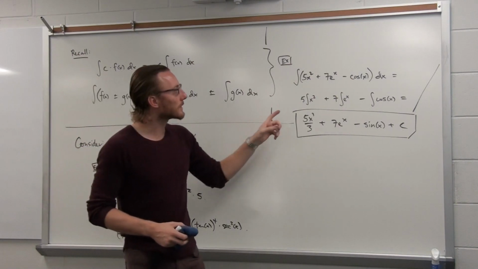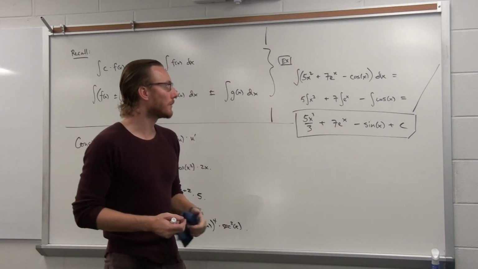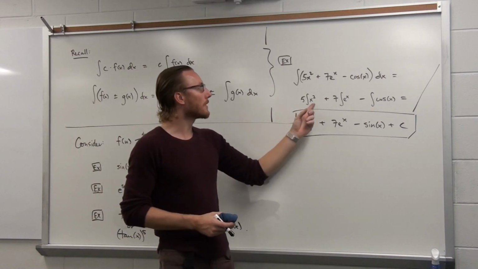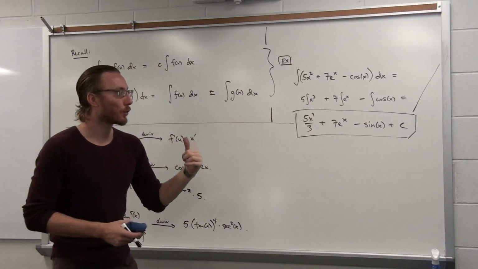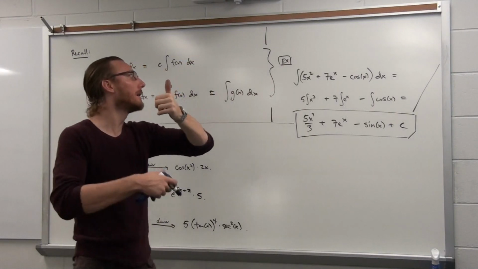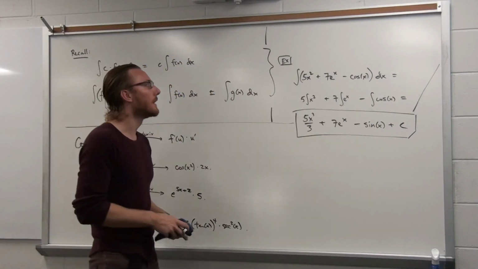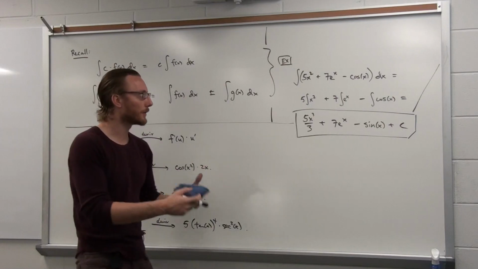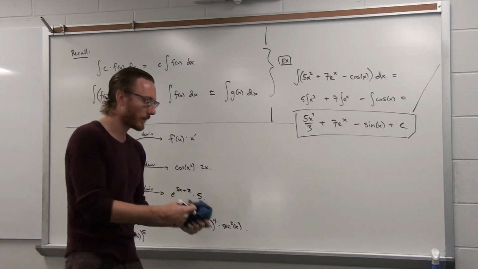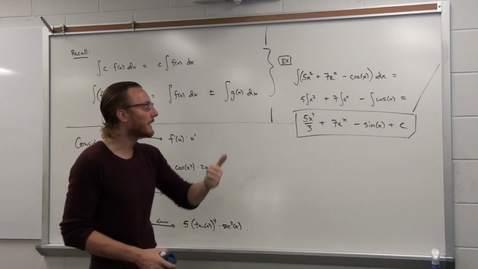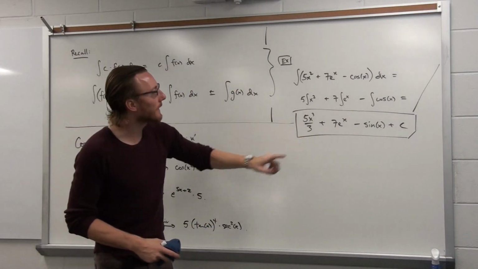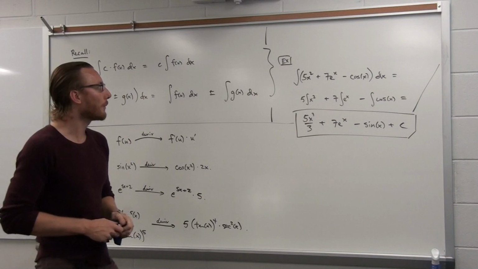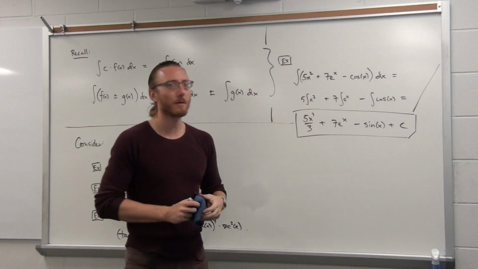Then we can apply the rules that we've seen: anytime you have x to a power, for the antiderivative you ratchet up the power by 1 and put that power in the denominator, which is precisely the inverse operation to what you do with derivative. With derivative, you bring the power down and reduce the power by 1. Here you increase the power by 1 and put the power in the denominator, so we get 5x cubed over 3. What about the antiderivative of e to the x?